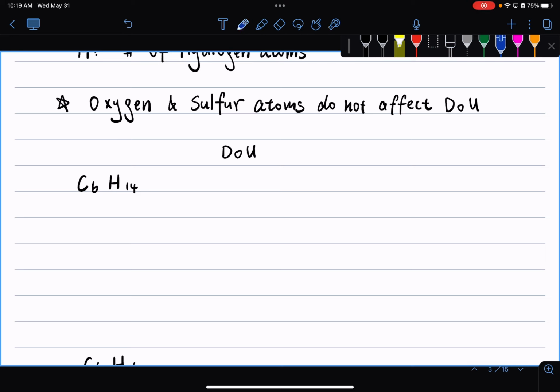So if we calculate the DOU, on the top we have the number of carbons times 2 plus 2, minus the number of hydrogens, divided by 2. And that equals 0. So the degree of unsaturation is 0. So when you're drawing the bond line formula, you can just give me any 6 carbon hydrocarbon without any double bond and also without any ring structures.